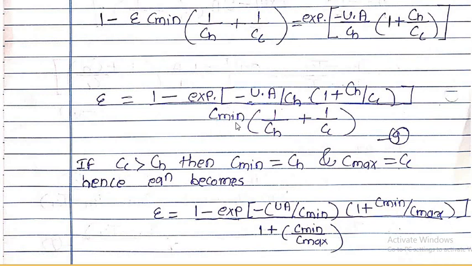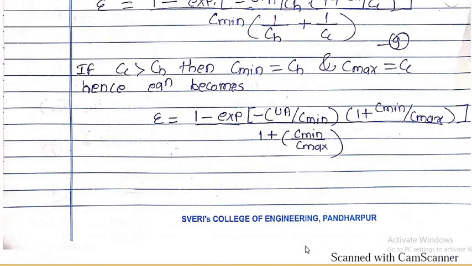Now the C minimum, as it is outside the bracket, into bracket 1 upon Ch, that is nothing but once again C minimum, 1 divided by C minimum, so C minimum divided by C minimum will be 1 only, so that's why here 1 plus, okay. Now if you multiply C minimum to this particular term, so Cc as it is a C max, the term becomes C minimum divided by C max, so the denominator will be 1 plus C minimum divided by C max, okay.